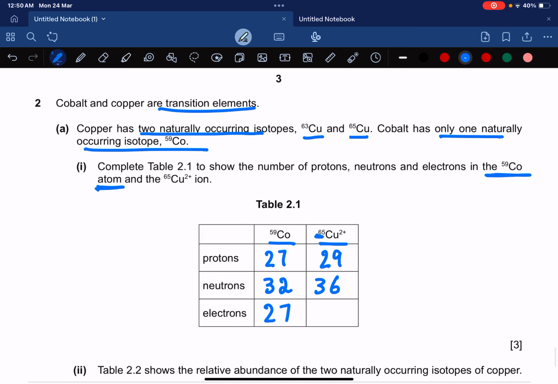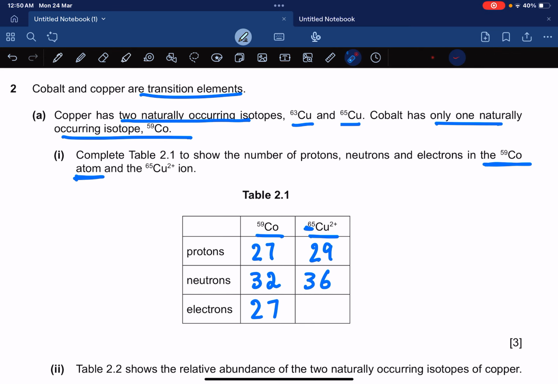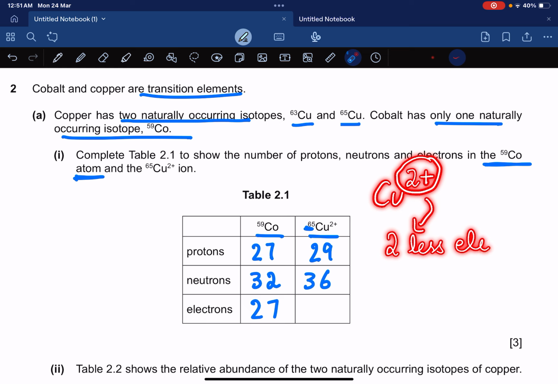But now when it comes to ions, there's going to be a difference in the number of protons and electrons. You should know that ions have charges because they have a different number of protons and electrons. Acha, now the thing to be noticed over here is copper has a charge of 2+ on it. A charge of 2+ means 2 fewer electrons. ठीक है? A charge of 2+ means 2 fewer electrons.